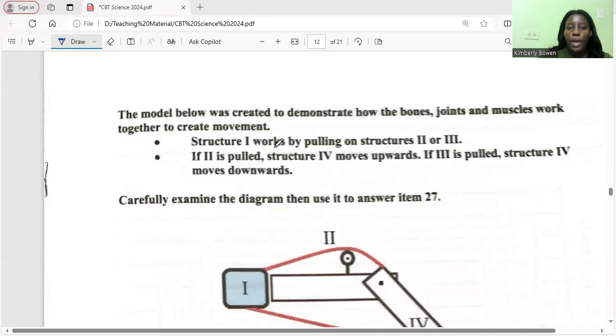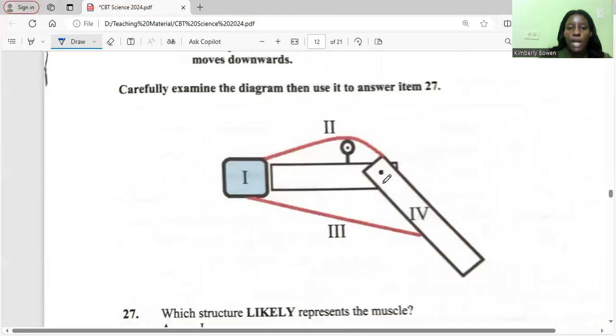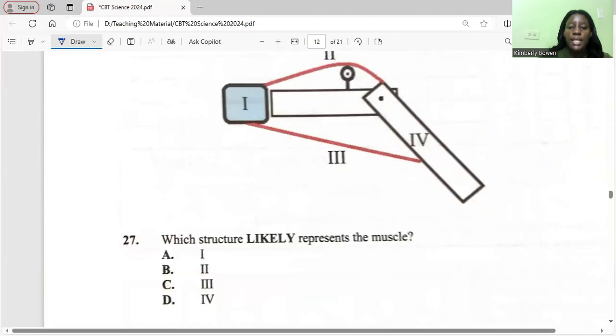Structure 1 works by pulling on structures 2 and 3. If 2 is pulled, structure 5 moves upwards. If 3 is pulled, structure 5 moves downwards. Carefully examine the diagram, then use it to answer item 27. Which structure likely represents the muscle? So the muscle is the one that's doing the pulling, and that's 1.